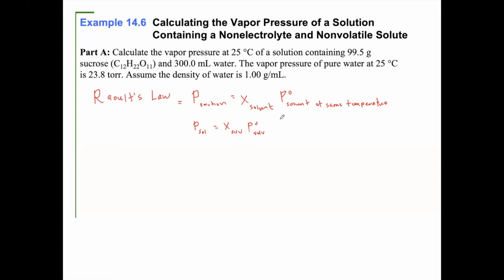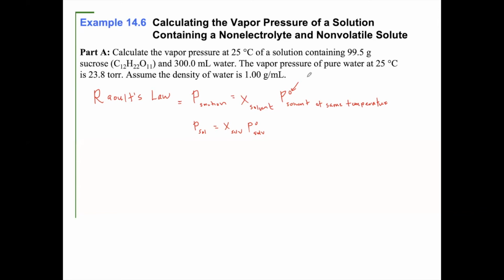Again, kind of like Henry's law, it's a three-variable equation. So if you have two parts, you can find the third part. Everything is occurring at the same temperature here. So this little circle that usually represents standard conditions, in this case, it's referring to all of these things occurring at the same temperature.